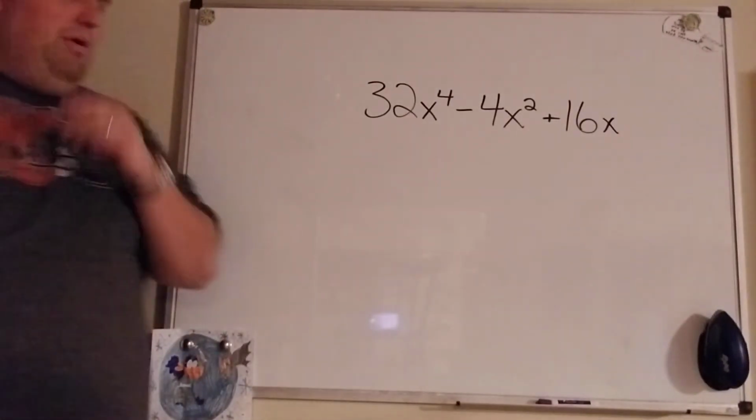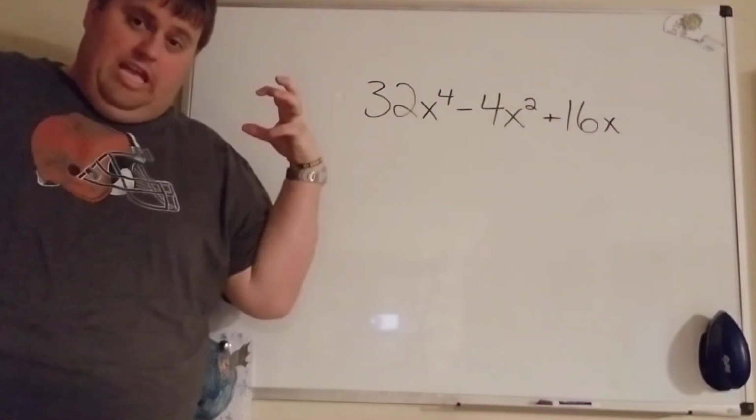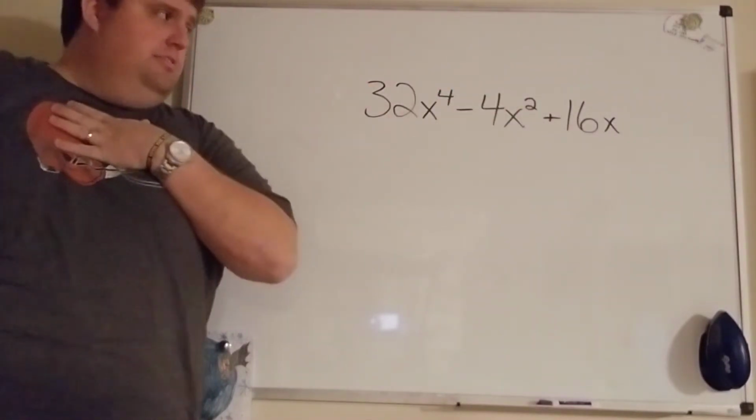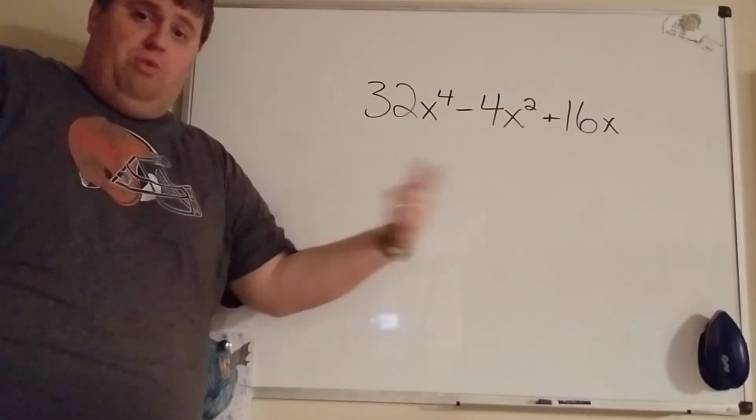All right, now we have this trinomial. And if I want to factor this, again, I have to find factors that don't only work with 2 terms, but they have to work with all 3 of the terms.